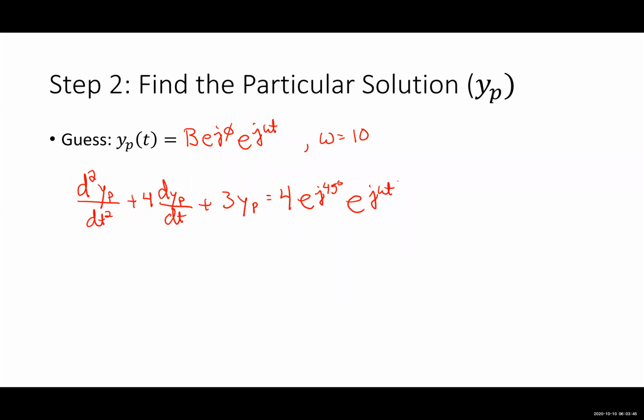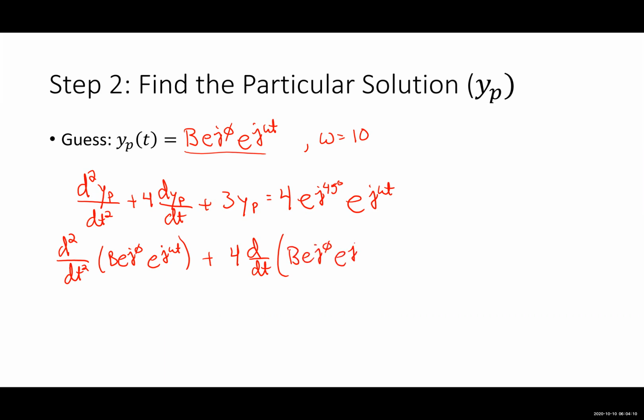All right, what I want to do is plug yp into this expression. So I get d squared by dt squared of b e to the j phi e to the j omega t, plus 4 d by dt of b e to the j phi e to the j omega t, plus 3 times yp, so that's b e to the j phi e to the j omega t.